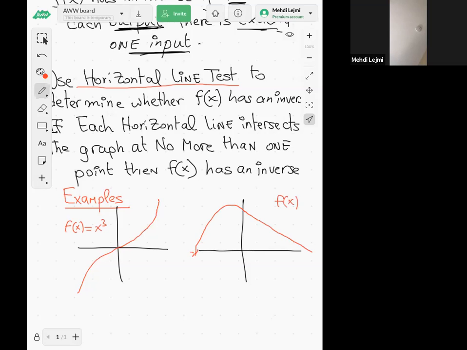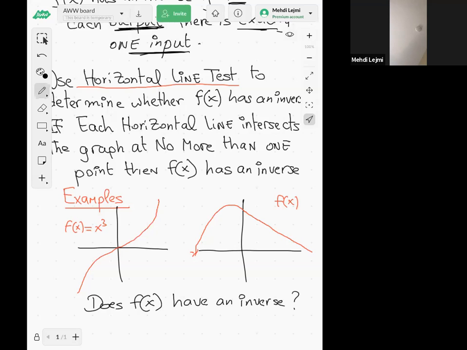So you want to determine whether f of x has an inverse. The question here is, does f of x have an inverse?